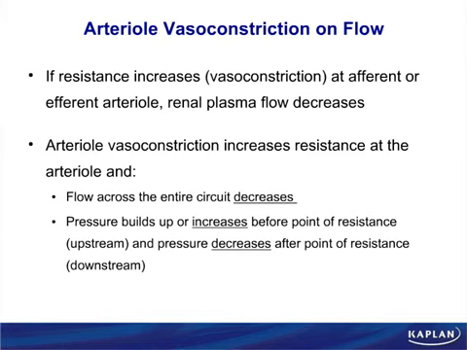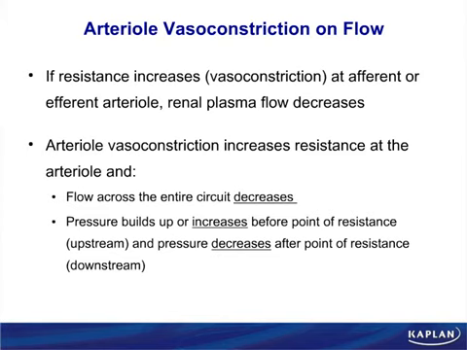The other thing that's important to look at is the pressure. Whenever you vasoconstrict an arteriole, look at the pressure upstream or before that point of resistance. Pressure builds up or increases upstream of that resistor. Likewise, pressure decreases downstream or after that resistor.